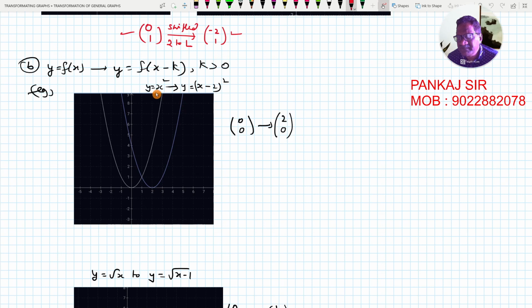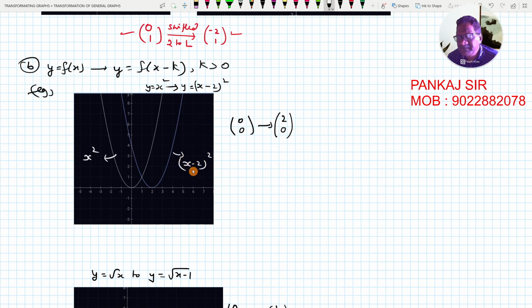So suppose you have a graph of y is equal to x square. I will write that for you over here. You can see very clearly that this inside one is the graph of y is equal to x square. And this blue one is the graph for y is equal to x minus 2 the whole square.